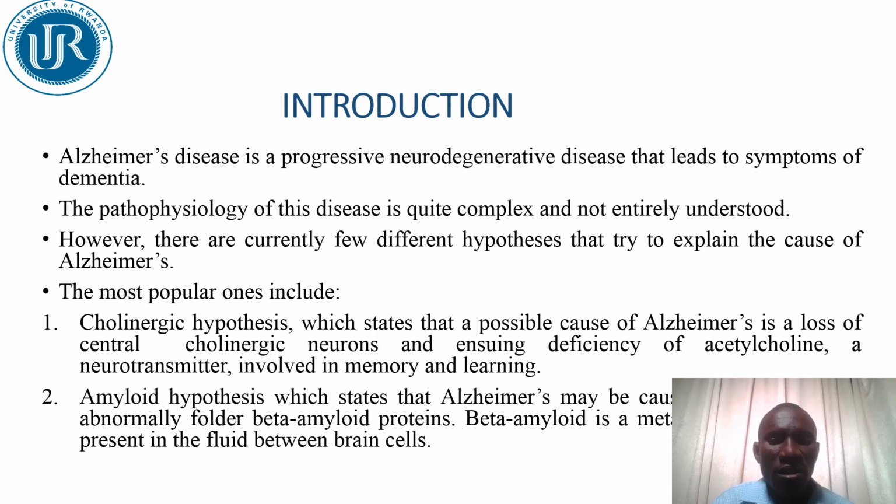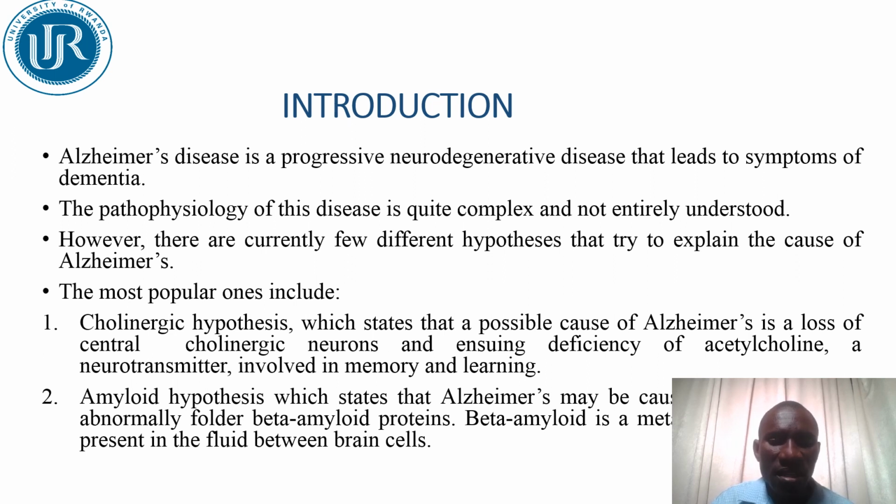The most popular of these hypotheses includes, 1. The cholinergic hypothesis, which states that a possible cause of Alzheimer's disease is a loss of central cholinergic neurons and ensuing deficiency of acetylcholine, which is a very important neurotransmitter for memory and learning.